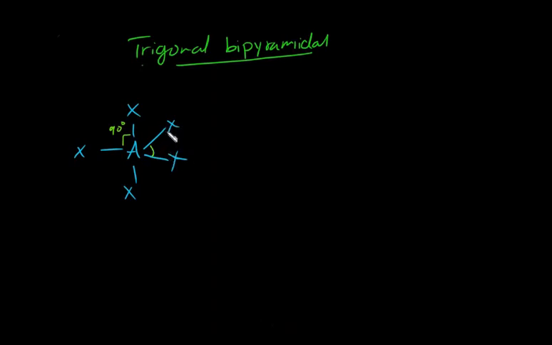If you look at these three atoms, they shape like a trigonal planar shape, with atom A and X, X, X. The bond angle between these 3 atoms is 120. So the angle here should also be 120.